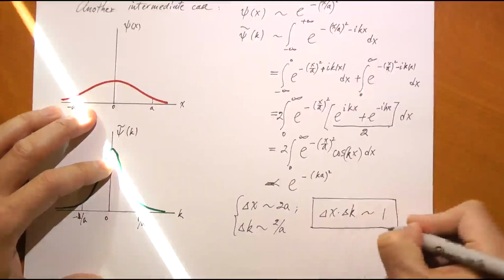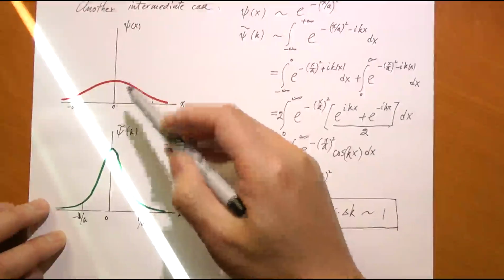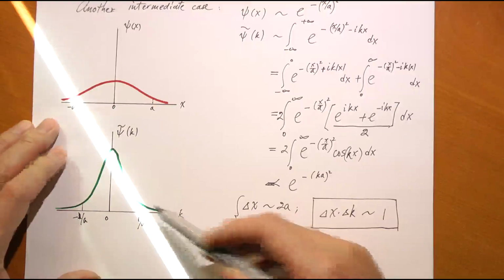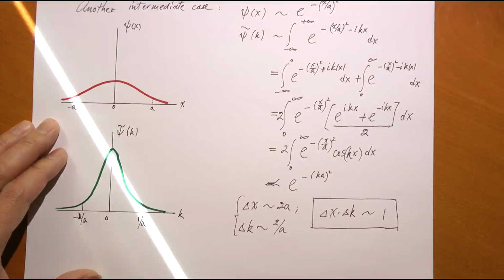So we see one more example where an extended distribution in real space leads to a concentrated distribution in the k space and vice versa. In fact, if I had a highly concentrated wave, which means a is very small in the x direction, in the x space, then I would have to draw something like this.